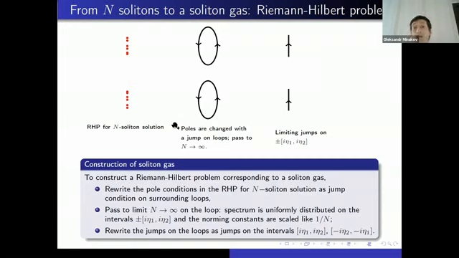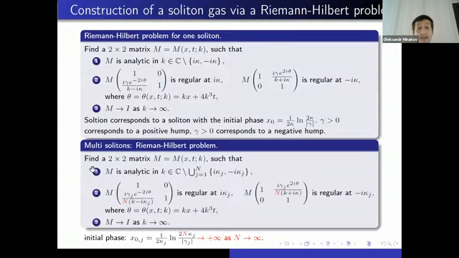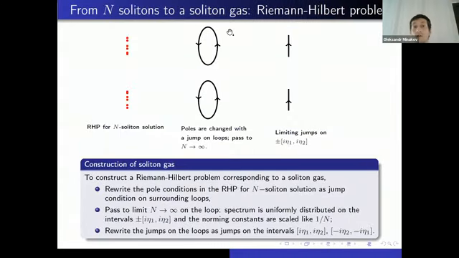Now, when we are on these loops, we can go to the limit. We will have a sum of these pole conditions, and then we get a Riemann sum which converges to some integral. So on these loops we can go to the limit n to infinity. And after we do this, we can go back to the original intervals on the imaginary axis.